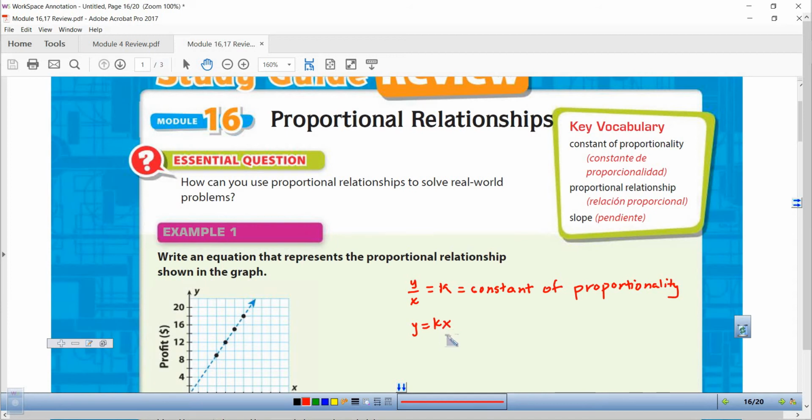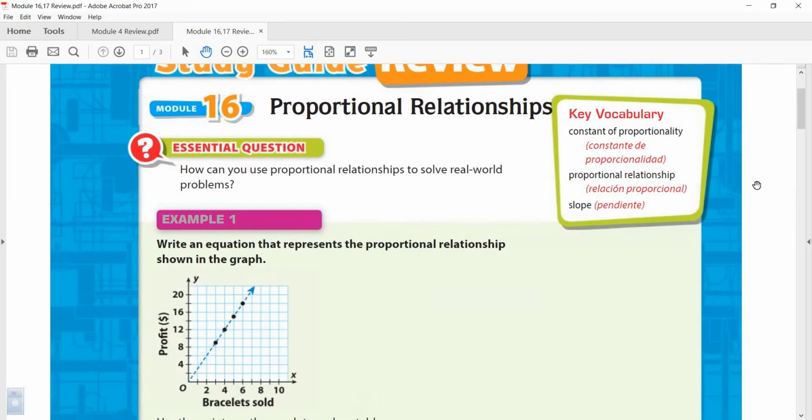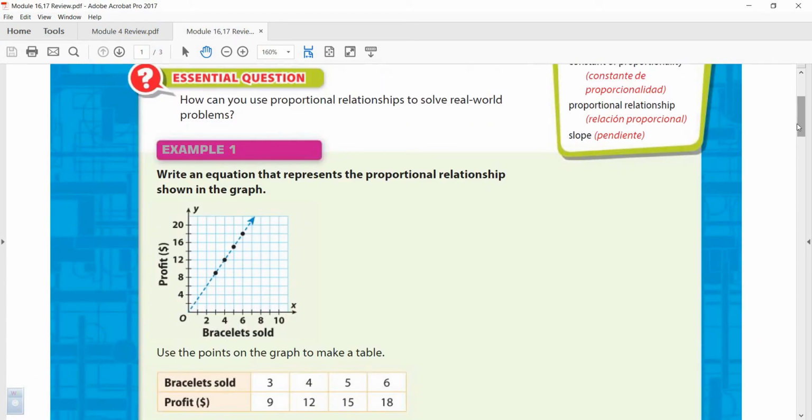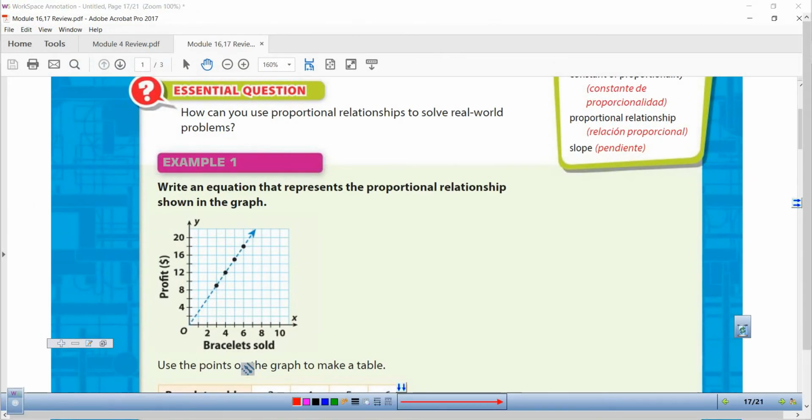So a proportional relationship says if you want to know how to get the second variable, you simply take the first variable and you multiply it by a constant. All right? That constant turns out to be a constant rate of change. Therefore, when you graph it, we said you get a straight line, which is kind of unnecessary to say because all lines are straight.